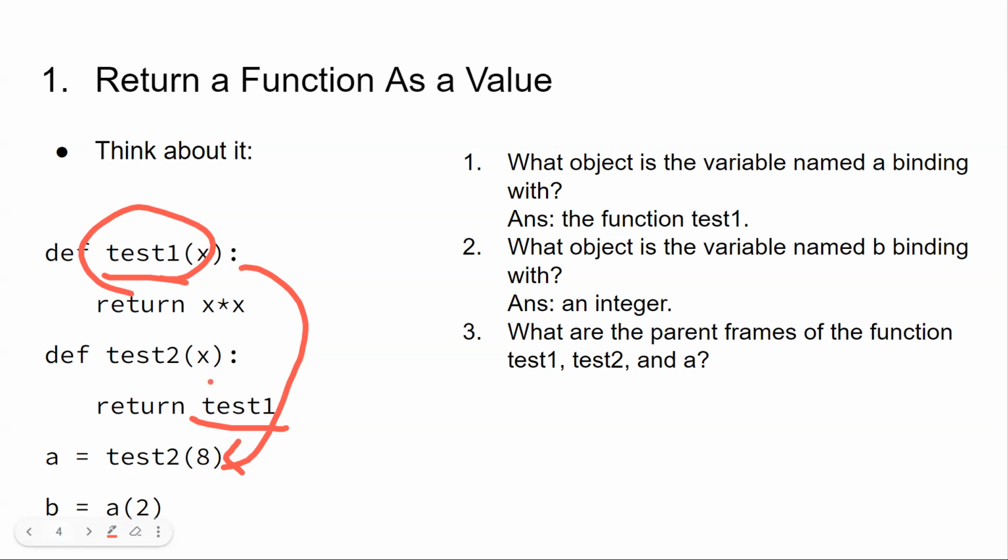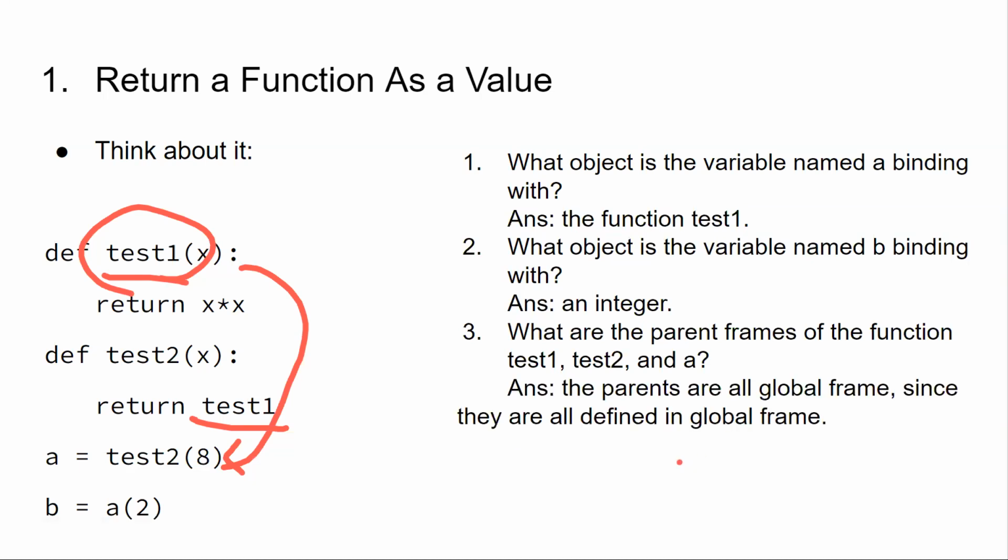So test1 is defined at the global frame, so the parent frame of test1 is the global frame. So of course a is test1, so the parent frame of a is also the global frame. They're all defined in the global frame. So the parents are all the global frame. Any questions about this code?